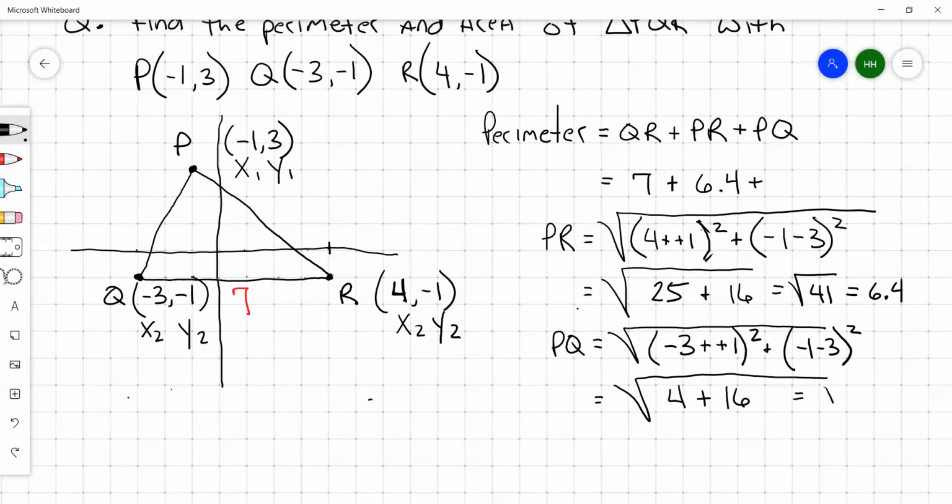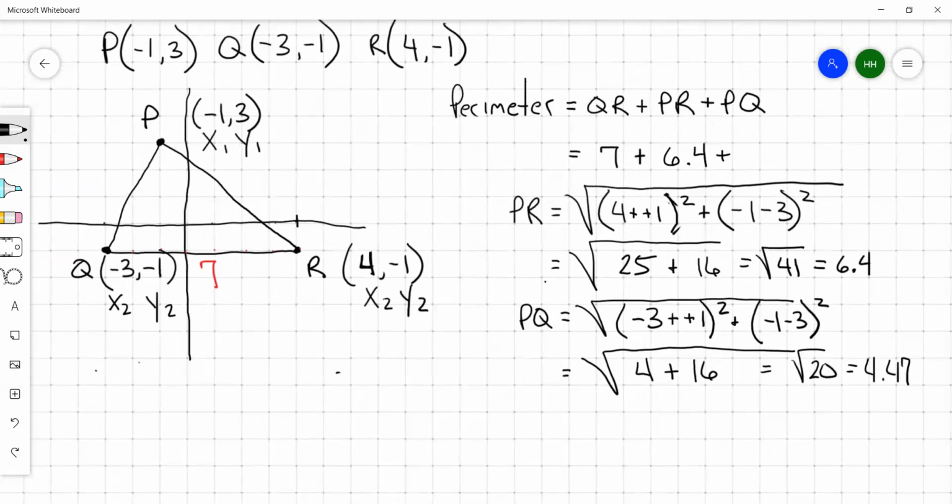So this becomes square root of 20, which is 4.47. So we can add those three together, the 4.47 plus the 6.4 plus the 7: 17.87. There's the first part of your answer. That's the perimeter.